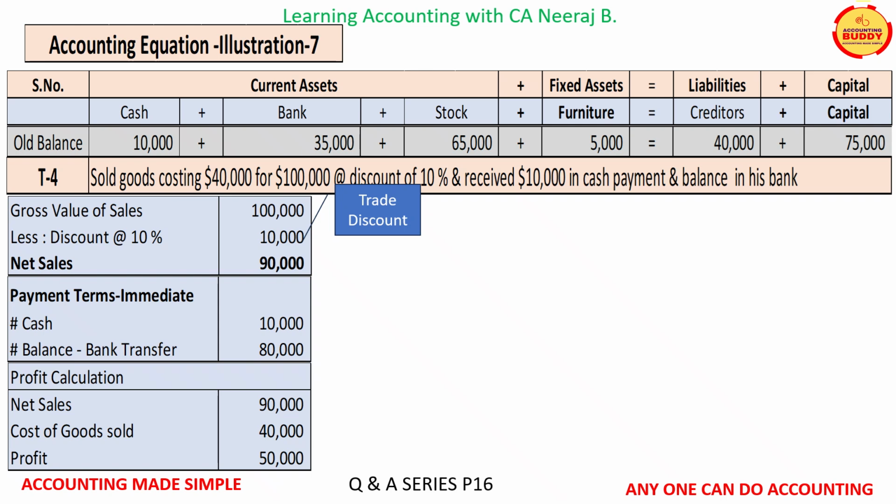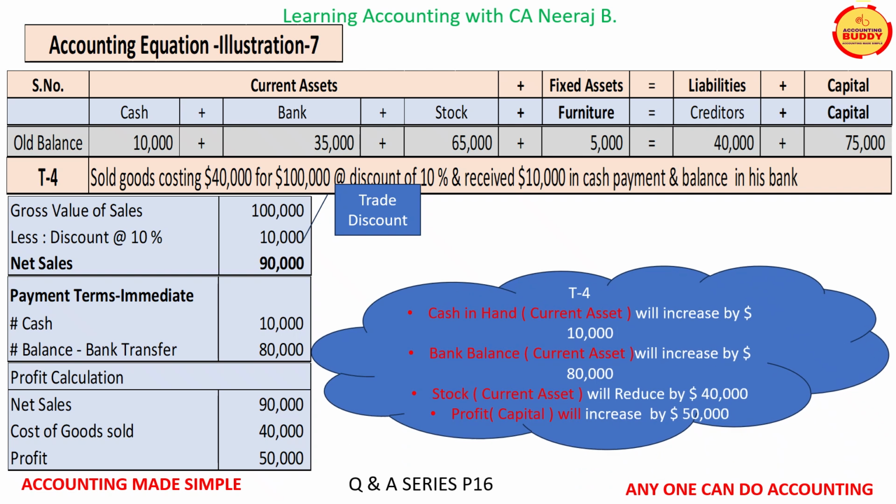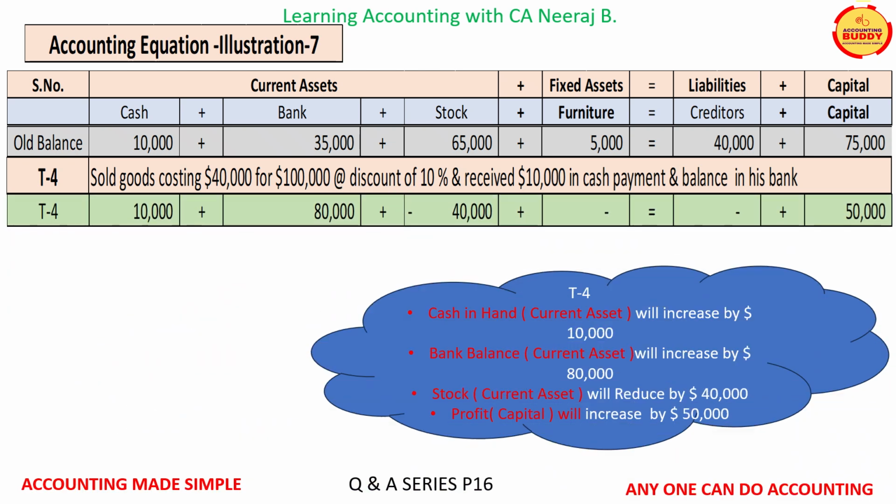Now we have all the information and the numbers required for the accounting equation formation. If we analyze the transaction, four accounts will be affected: cash, bank, stock, and capital. Cash, bank, and stock are all assets.